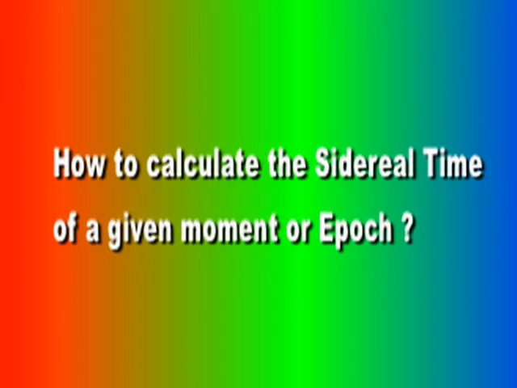Now we have come to know how to calculate time at the time of birth of a child according to the place of birth of the child. Now we will explain how to calculate the sidereal time of the given moment at the time of birth, which is called epoch.